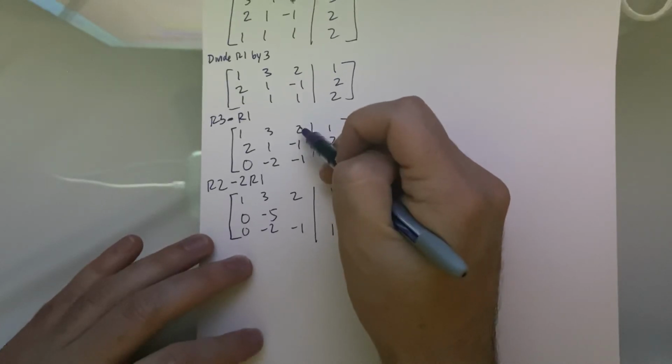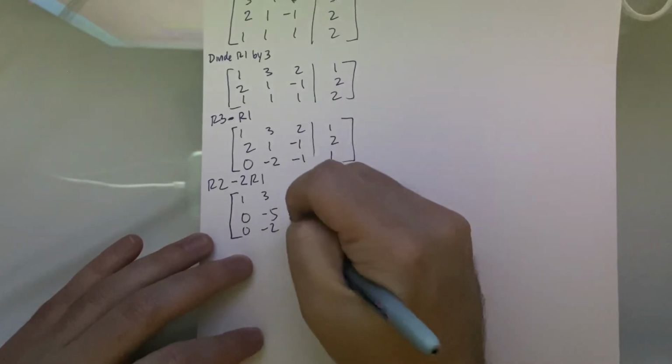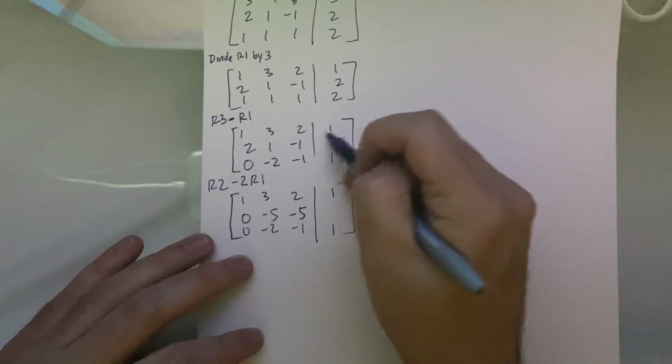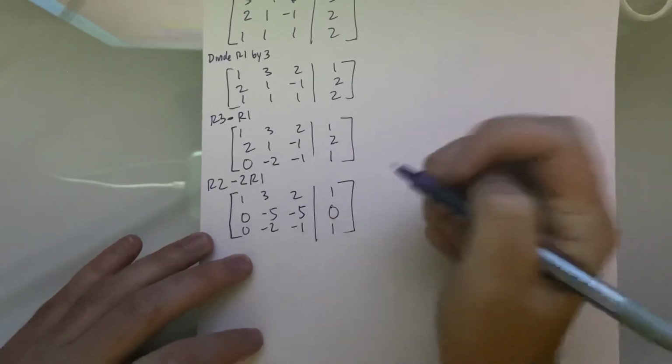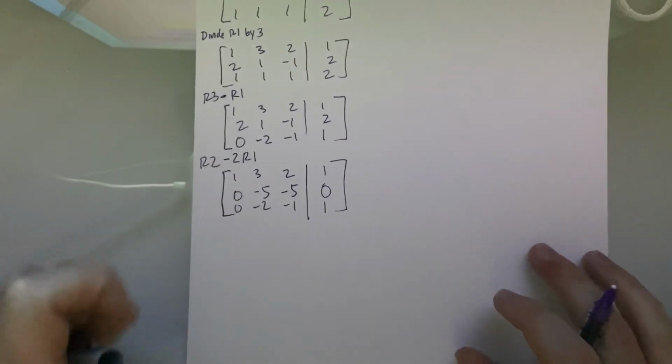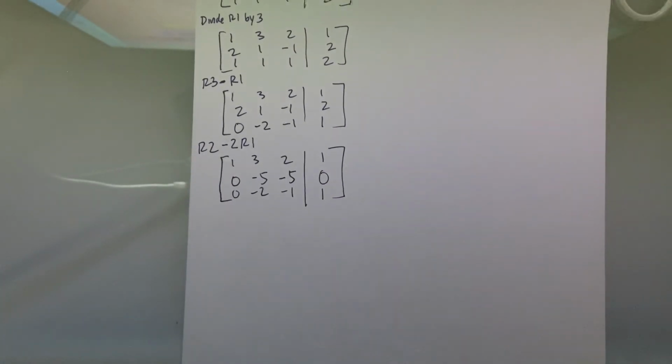Double this, that's 4. Negative 1 minus 4 is also negative 5. Double 1 is 2. 2 minus 2 is 0. So you see here, I zeroed out that column on the left. Now I can move to the second column. And we'll continue this in the next video.